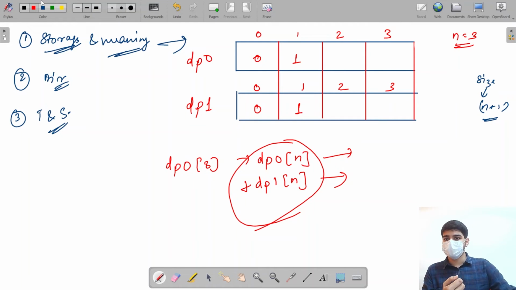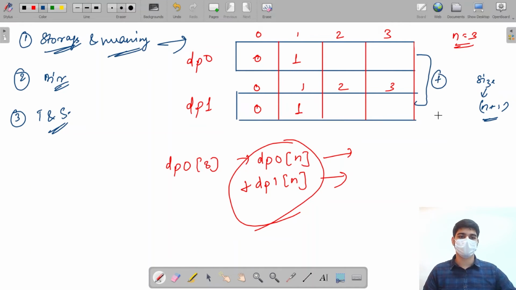So my answer would be the addition of these two. DP of 0 of n and DP of 1 of n, if I add both of them, I would get my answer to the question, right?